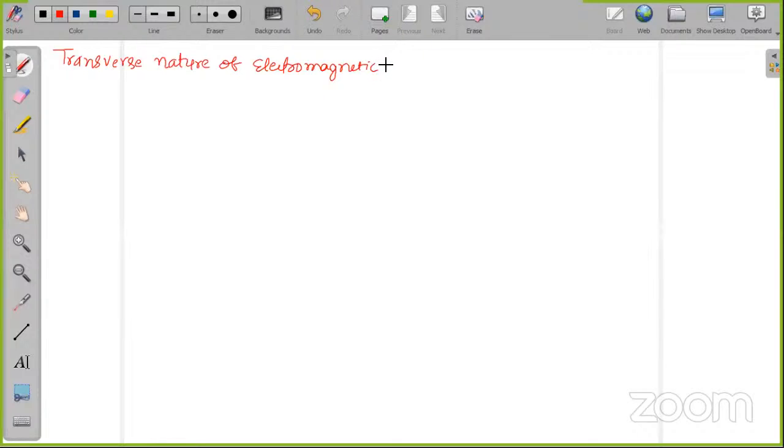So transverse nature of electromagnetic waves. Okay, we know that there are four Maxwell's equations.